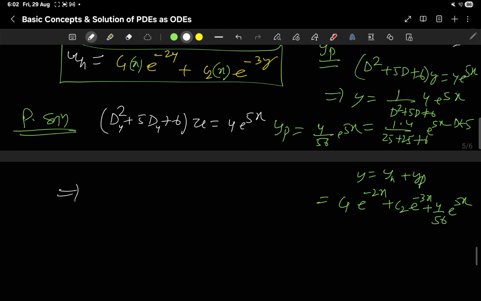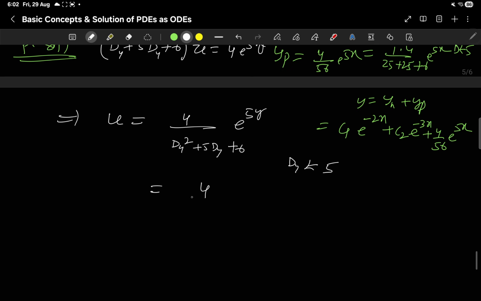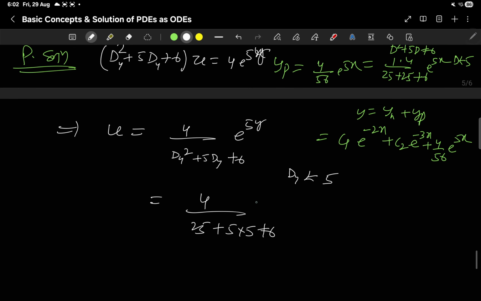So u is 4 by D_y square plus 5 D_y plus 6, acting on e to the power 5y. Now D_y is just replaced by 5, so this is equal to 4 by 25 plus 5 into 5 plus 6, times e to the power 5y. So this is your 4 by 56 e to the power 5y.